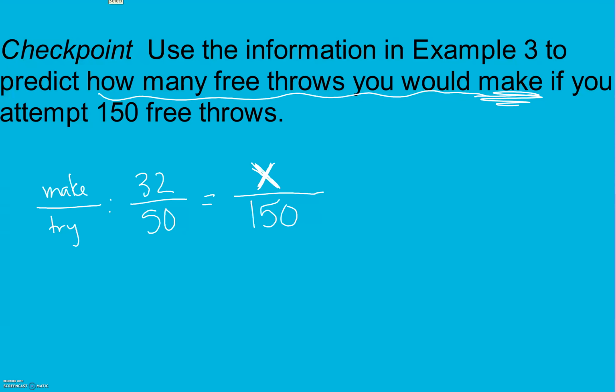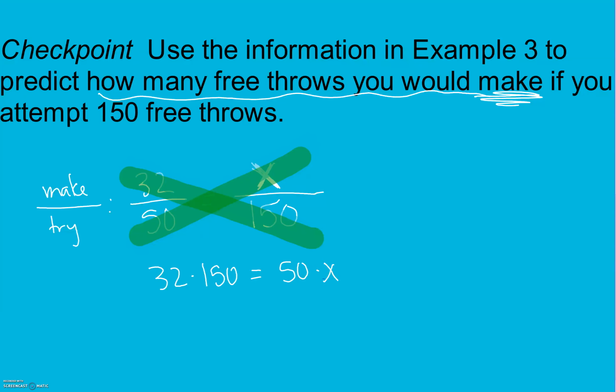So again, we have proportions. One way to solve them is with cross products. 32 times 150 equals 50 times x.